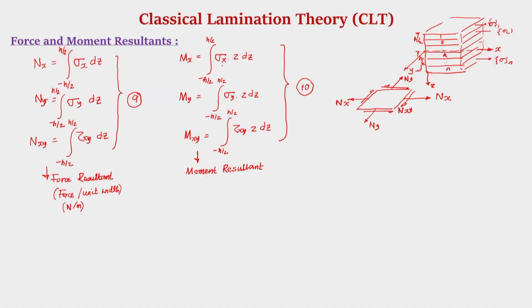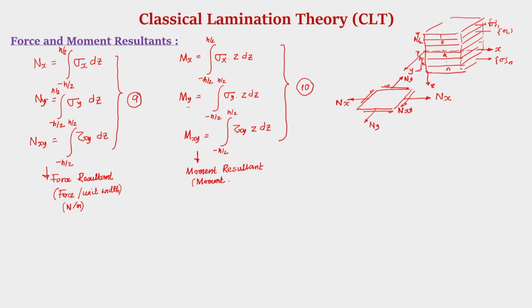We find out the force in each layer multiplied by its arm, its distance from the mid surface, that is the moment, and sum them up over the entire thickness, that is the net moment. So sigma x causes this moment M x, similarly sigma y causes this moment M y, and tau x y causes this moment M x y. This is also a moment resultant.